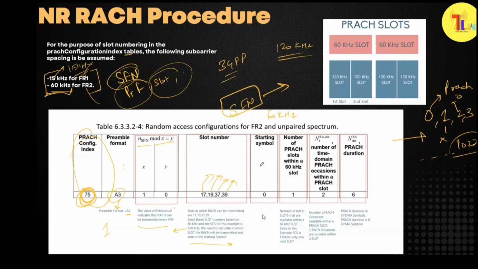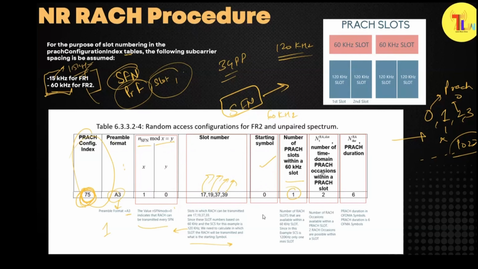Starting symbol is the same, that is 0. Then the number of PRACH slots within a 60 kilohertz slot is 1. Since this is 60 kilohertz, we need to calculate all those things.